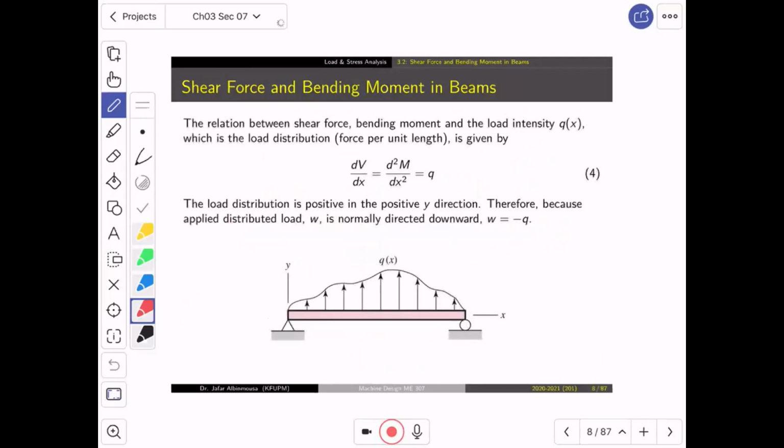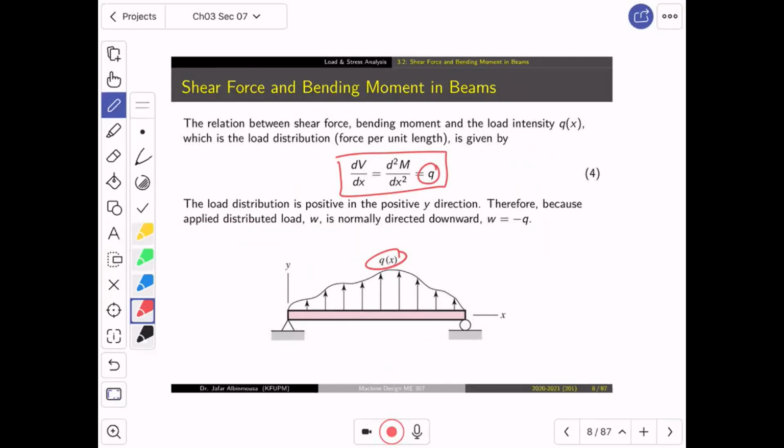And if you have a distributed load, which is represented here by q(x), then the change in the shear force is equal to the second derivative of the moment with respect to x, which equals q. I don't want you to remember these equations. We are not going to ask you to even solve these equations. This is just to remind you about these relations.